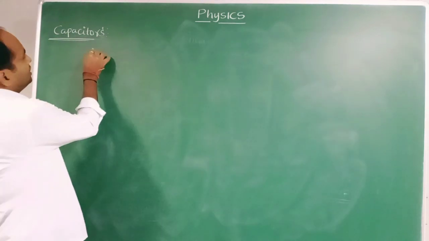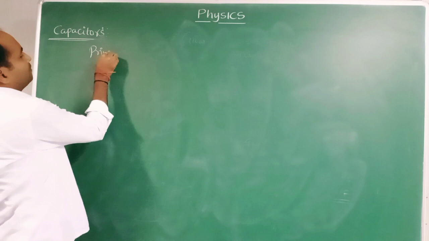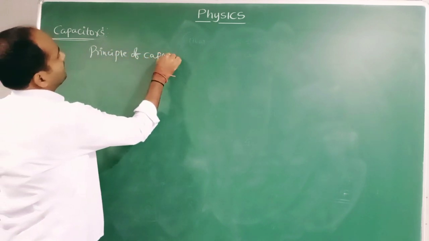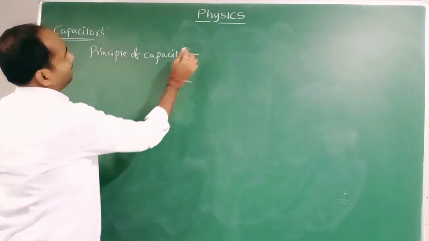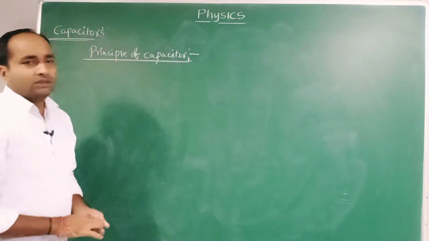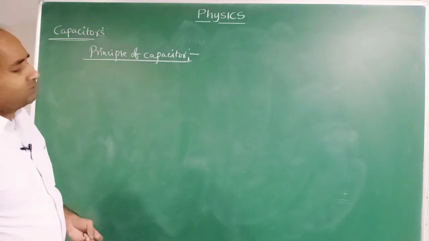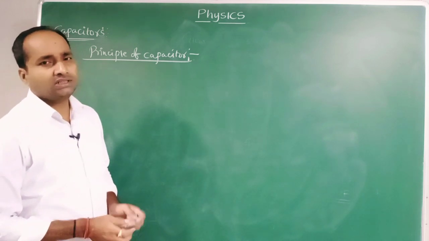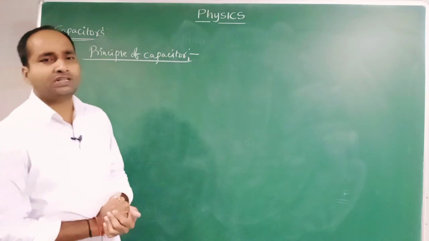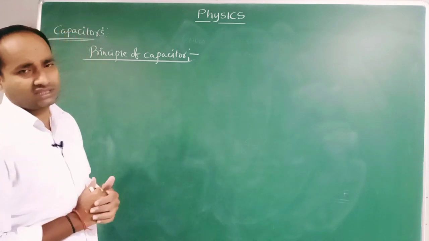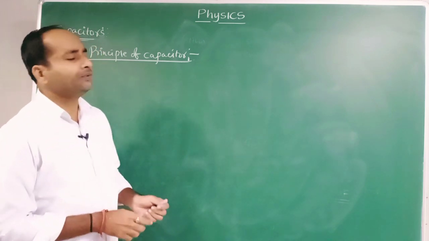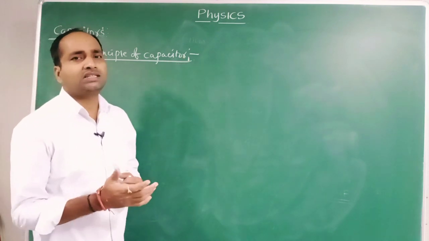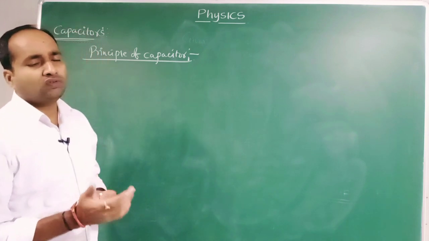Next is the principle of a capacitor. We know that a capacitor is a system of two conductors. The capacitance of a capacitor depends upon the geometry, that is shape and size, but not on the charge and potential. Suppose we want to increase the capacitance of a capacitor, what is the general method?